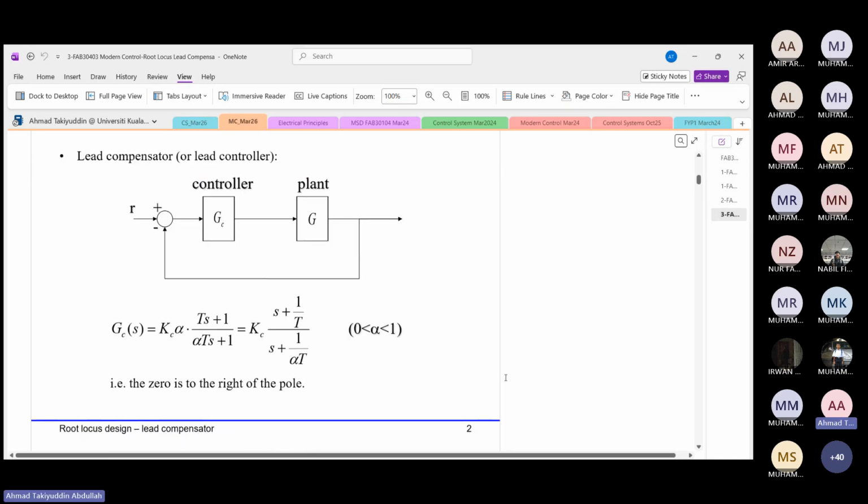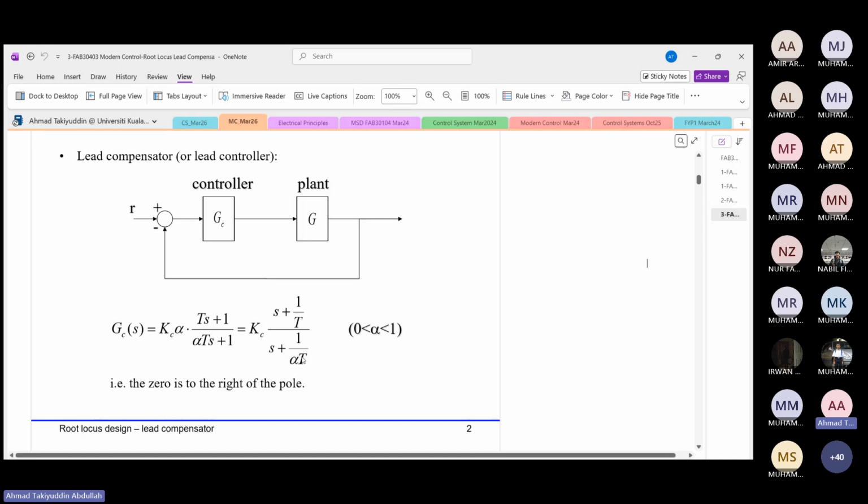This is the other compensator, known as the lead compensator. The general equation for the lead compensator will be Kc times (s plus 1 over T) over (s plus 1 over alpha T).